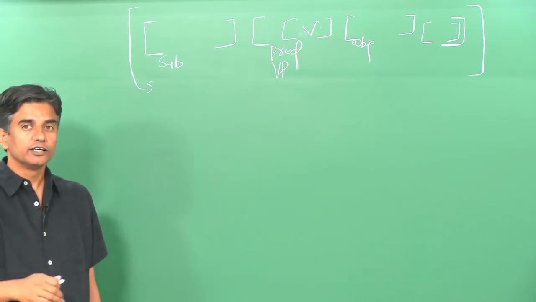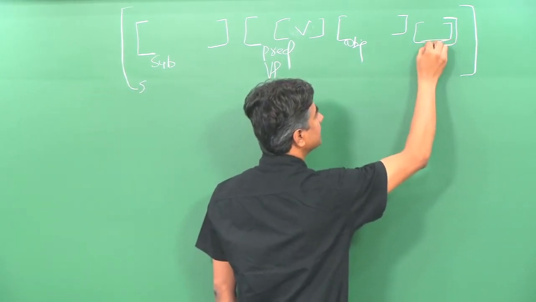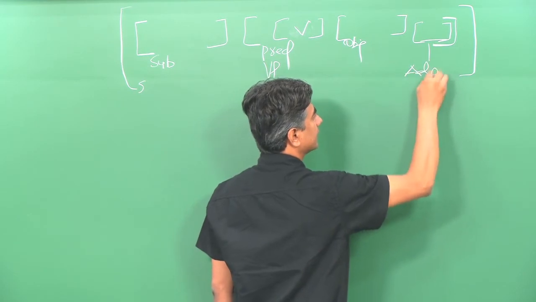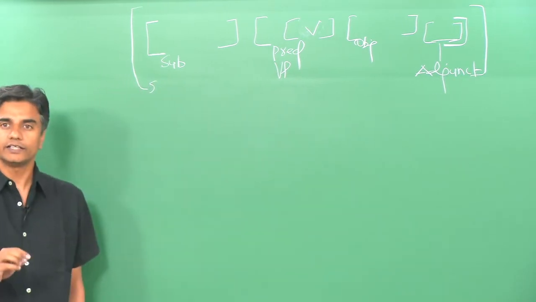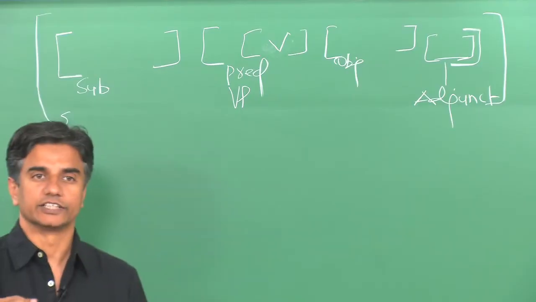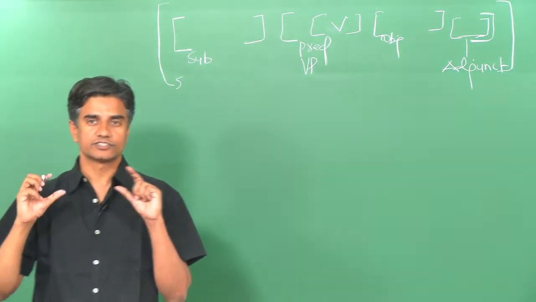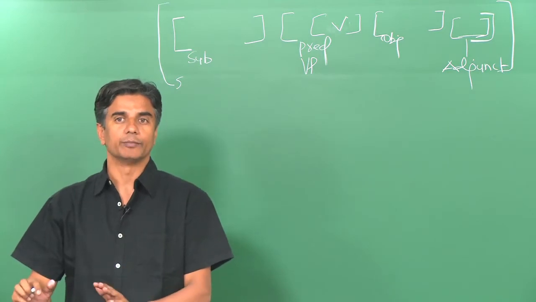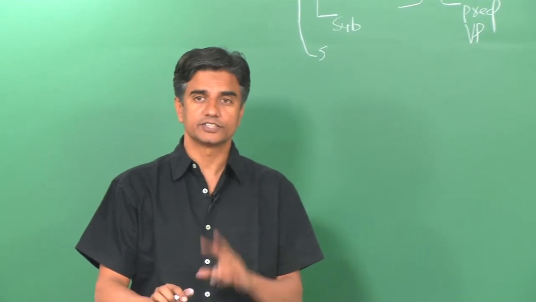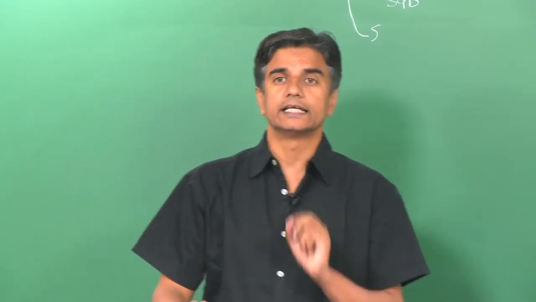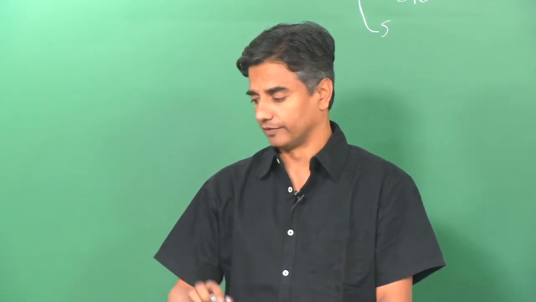So, today we are going to focus on this part, and this is the part which is known as adjunct. All right, that is the part which is known as adjunct. So, as a template, that is, as a structure of a sentence in our mind, we know this thing. How does this distinction get captured structurally is what we want to see.